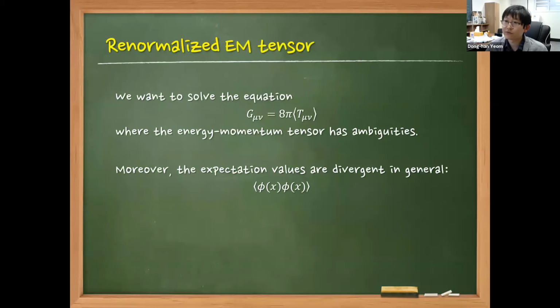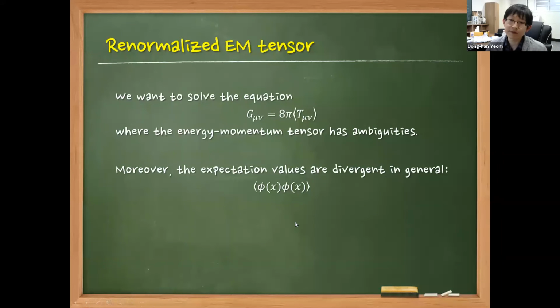So we want to solve an equation, something like this. I regard the metric as a classical quantity, but I want to include some quantum corrections to the energy momentum tensor. This means that we need to evaluate the expectation value of the energy momentum tensor. And how can you compute the expectation value of the energy momentum tensor?